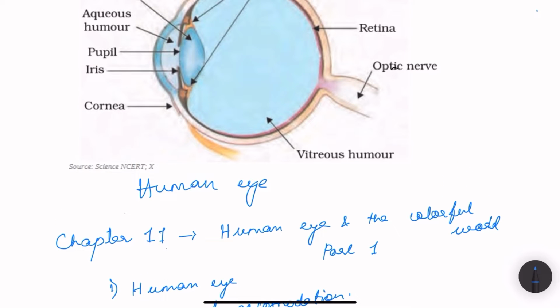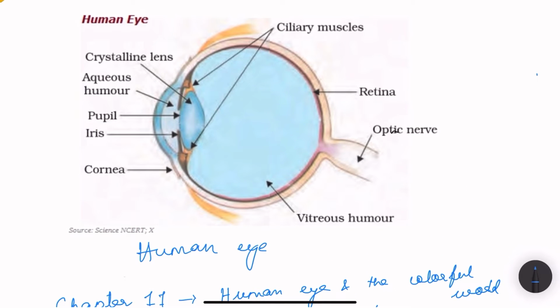So first and foremost, as we have shown here, this is the diagram of the human eye. What is the human eye? The human eye is like a camera, and the lens of the human eye forms an image on the light sensitive screen of the eye, that is the retina.